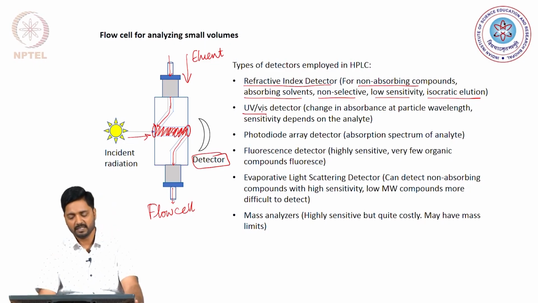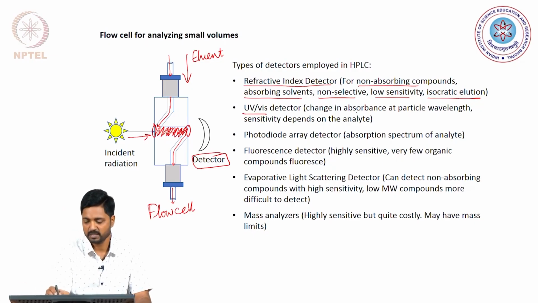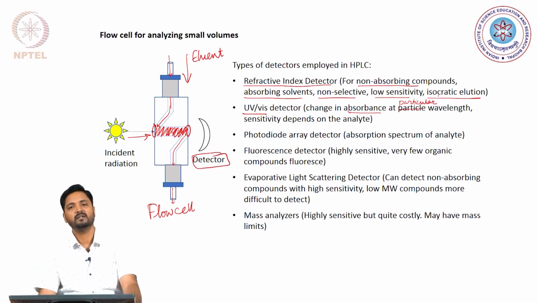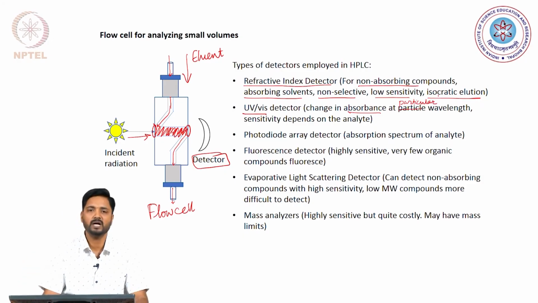Now, this detector is simply detecting the change in absorbance at a particular wavelength, and of course, it requires that our molecule or the solute be the absorbing system in the mixture of eluents that are coming out.